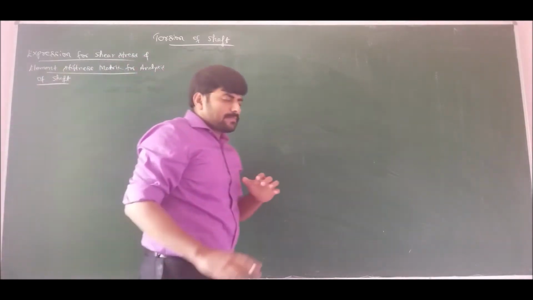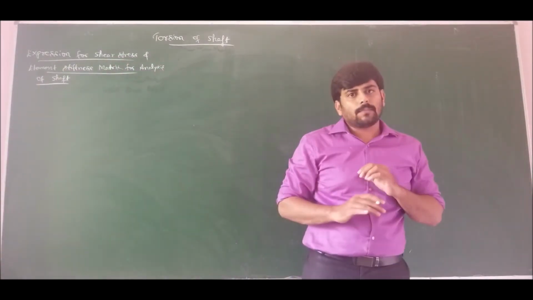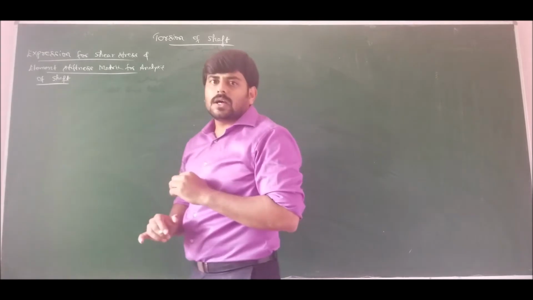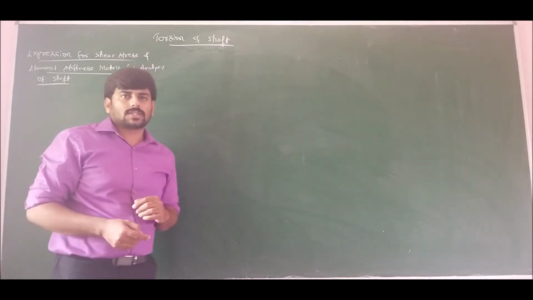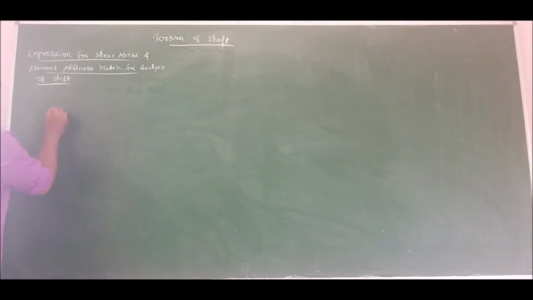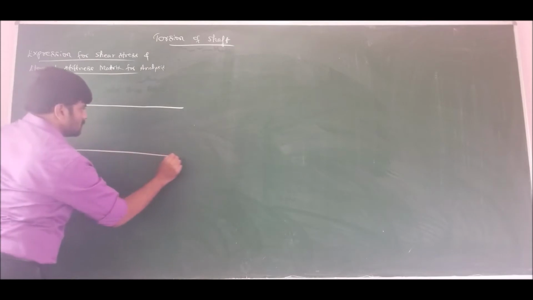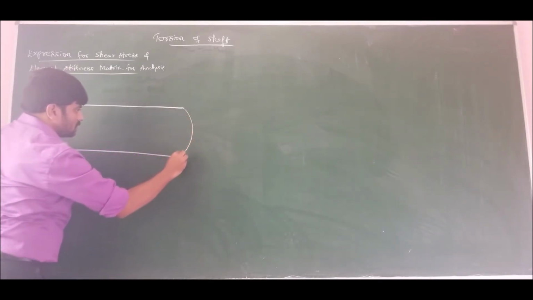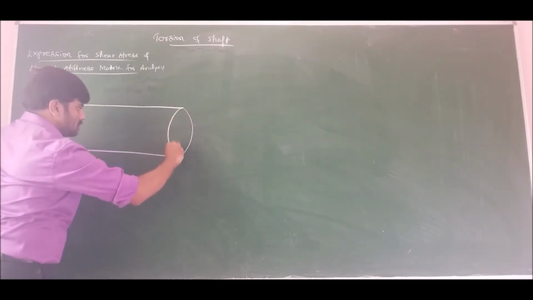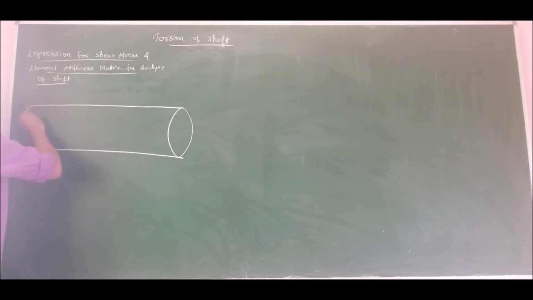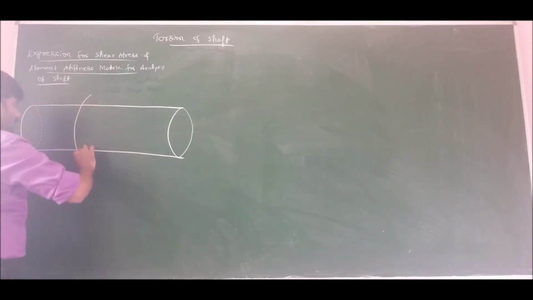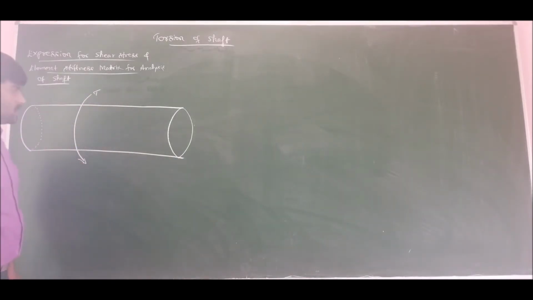If I consider a prismatic rod of length L applied with a torque T, then it will undergo an angular twist. That can be represented as shown in the figure. Let us consider a prismatic rod of length L. If I apply a torque onto this prismatic rod, it undergoes an angular twist.